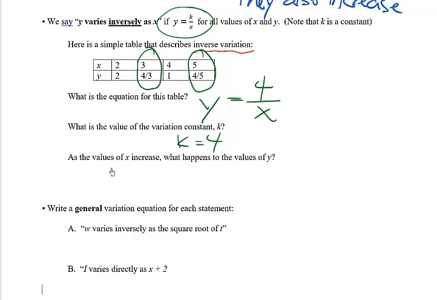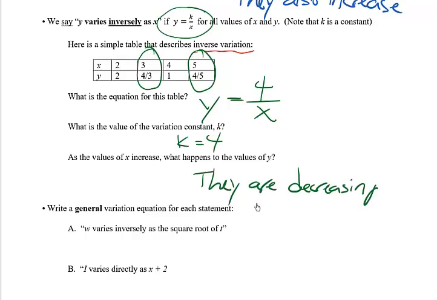And the final question, as the values of x increase, this time what happens to the values of y? You can see the x's going up in the table, 2, 3, 4, 5. Look at the y's. 2, 4/3, that's like 1 1/3 or 1.333. Then 1, then 4/5, which is like 0.8. These y values are decreasing this time.